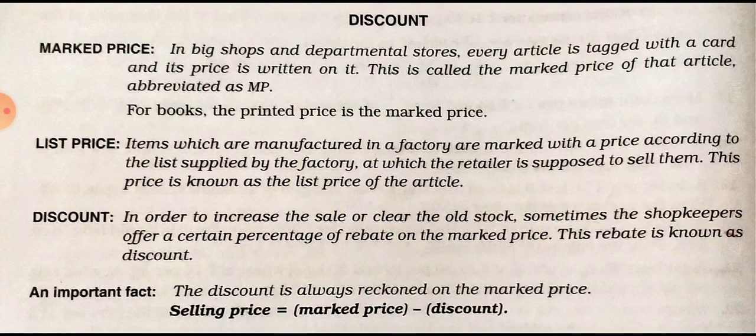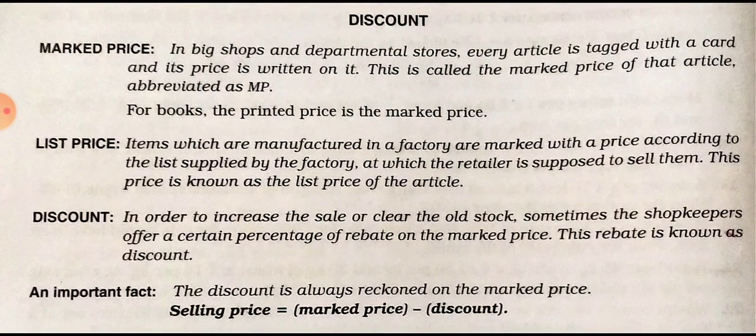Remember this, it is very important. To get the selling price of an article, it will be the mark price minus discount. When we subtract the amount of discount from the mark price, we get the selling price of the article.